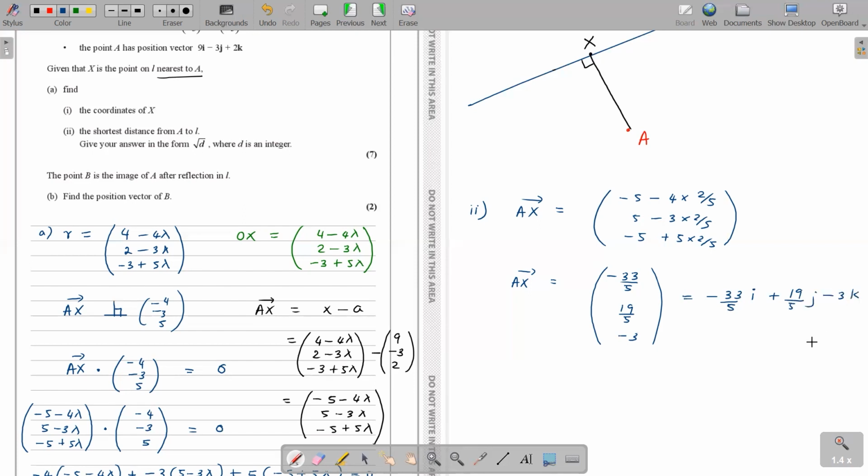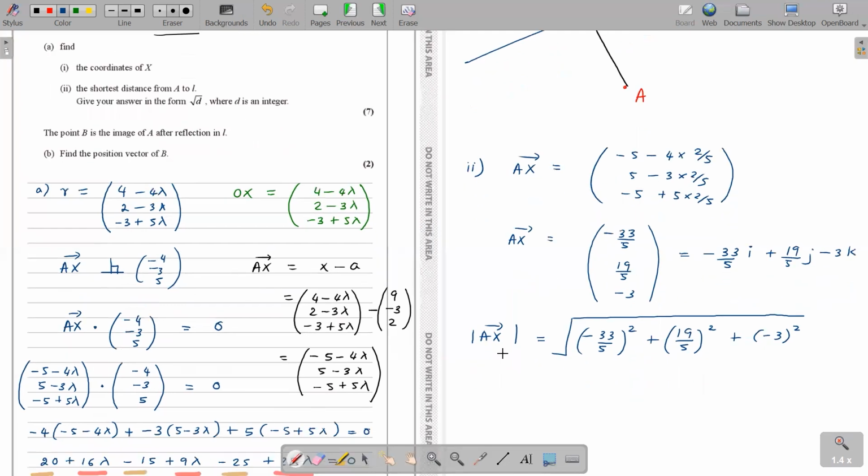Are you with me? Now what are we supposed to do? We need to get the shortest distance from A to line L. We know the shortest distance is AX. So get the modulus: (-33/5) squared plus (19/5) squared plus (-3) squared. How much is it?